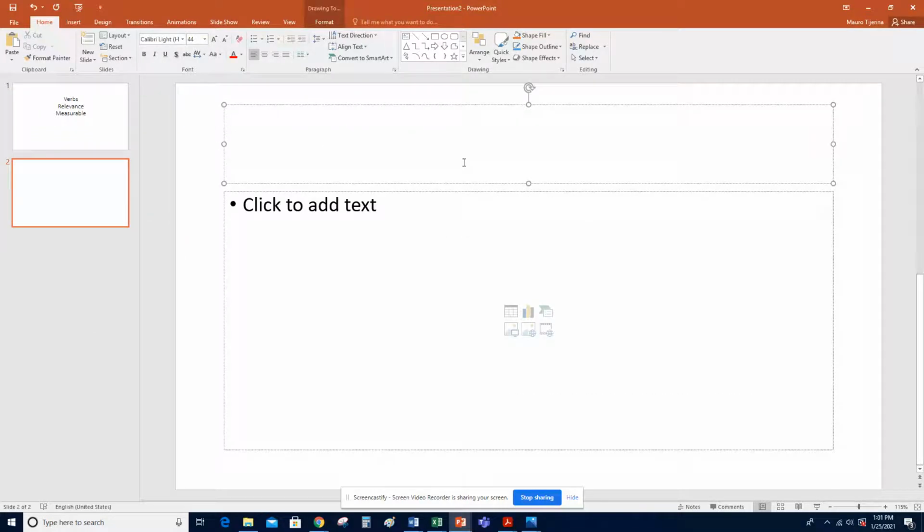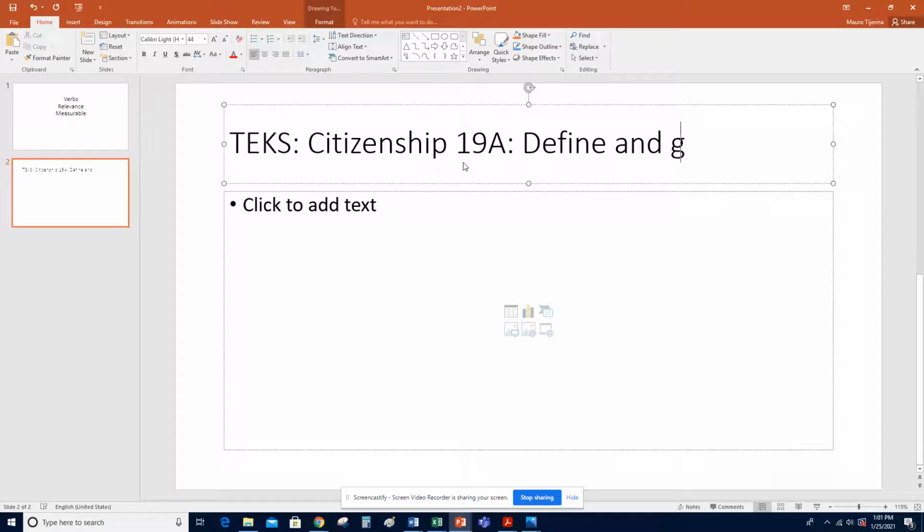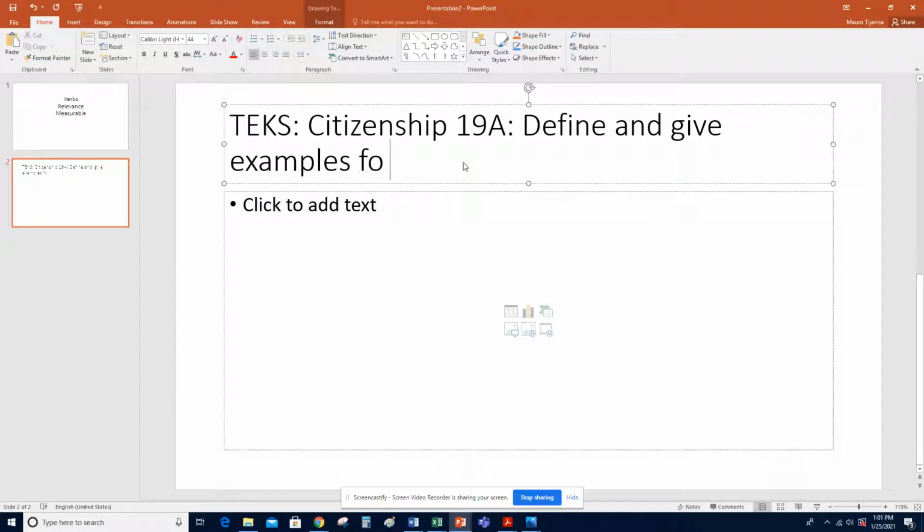The TEK verbatim reads as follows: it's Citizen 19A, and it says define and give examples of unalienable rights. So that's the TEK verbatim. However, that's too formal, so I'm going to create a student-friendly measurable objective.